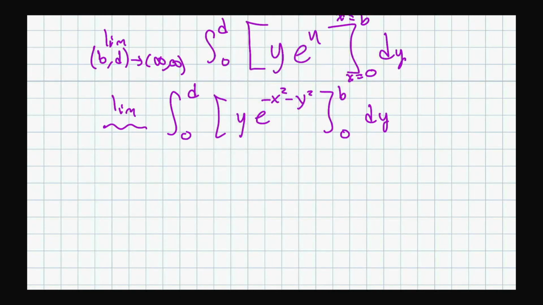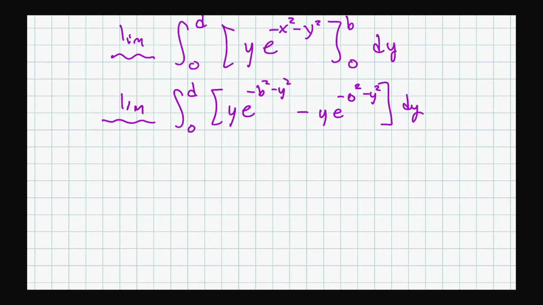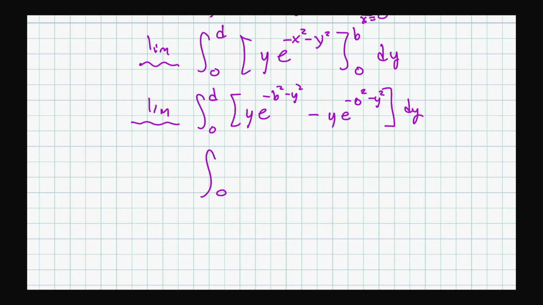So you substitute back. We put in the b, we put in the 0 for x. So you have y e to the negative b squared minus y squared minus y e to the negative 0 squared minus y squared dy. From 0 to d, we got y e to the negative b squared minus y squared minus y e to the negative y squared dy, limit of something.